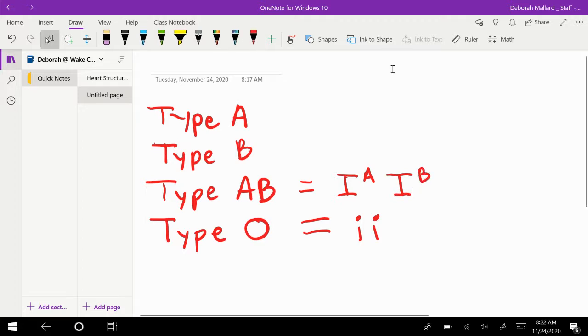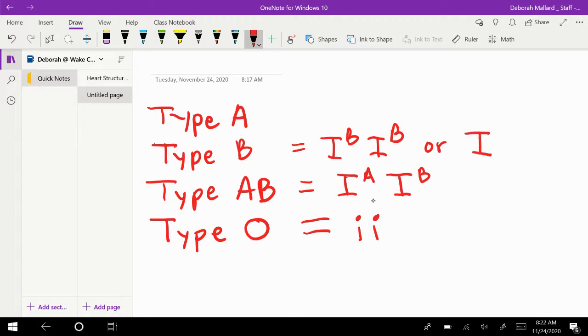And notice that because they have 1 of each, we say that they have type AB blood. All right, now with type B blood, we can have people who are homozygous, which means that they have capital I B, or we have folks who can be heterozygous, which means they have I capital B, lowercase i, like that.